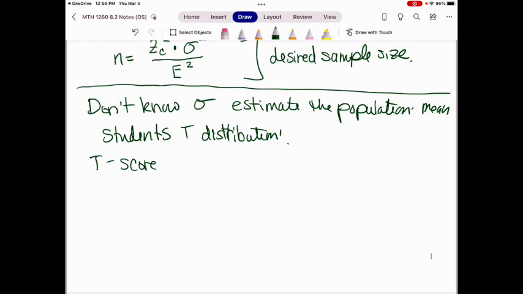And then the shape of the t-distribution really depends on what's called the degrees of freedom. And the degrees of freedom is basically just your sample size minus 1. The larger that sample size is, the closer the graph gets to looking like a normal distribution. And so those wings are going to get thinner and thinner and tail out.